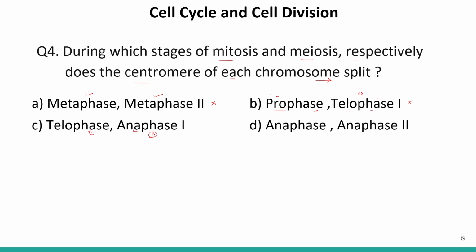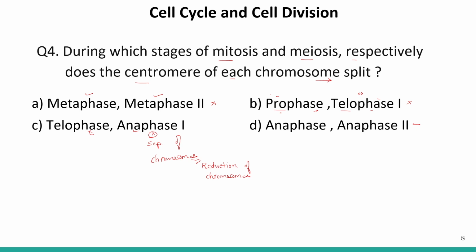What happens during anaphase 1? Separation of chromosomes takes place, and not chromatids. This leads to the reductional division, or you can say reduction of the chromosomes. So what should be the answer?